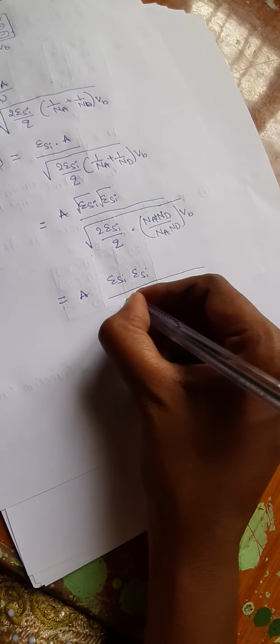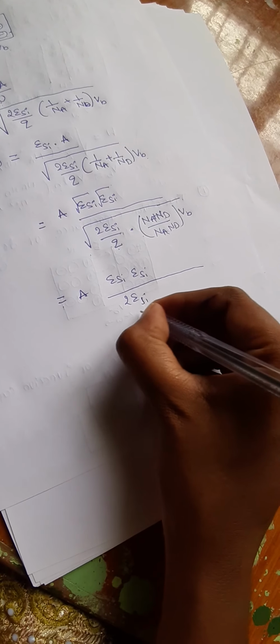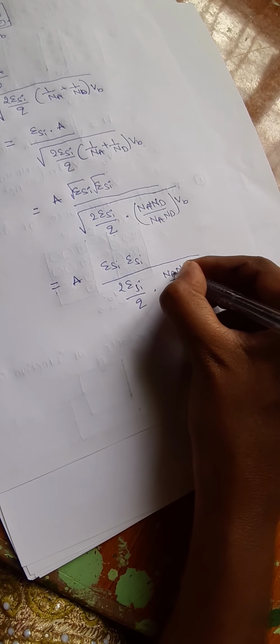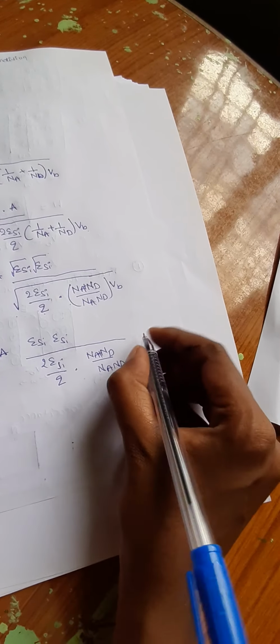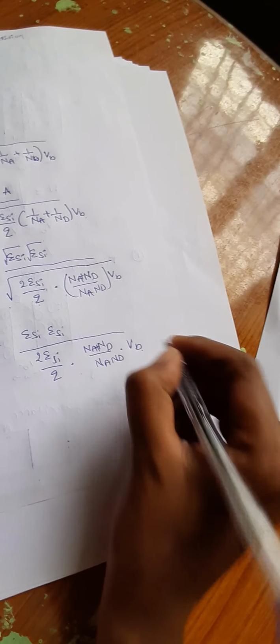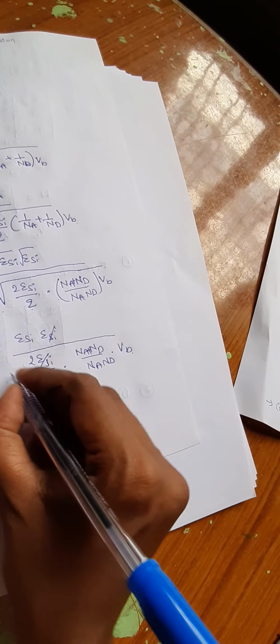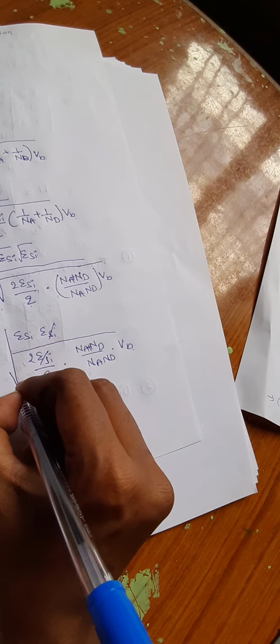So A epsilon Si divided by that, and this epsilon Si will get cancelled.